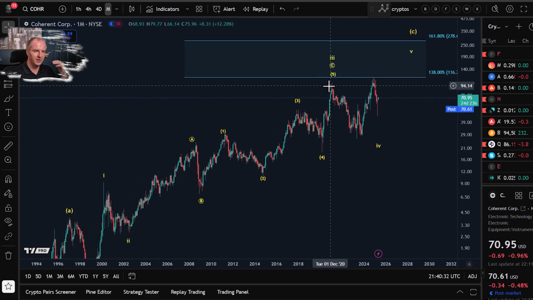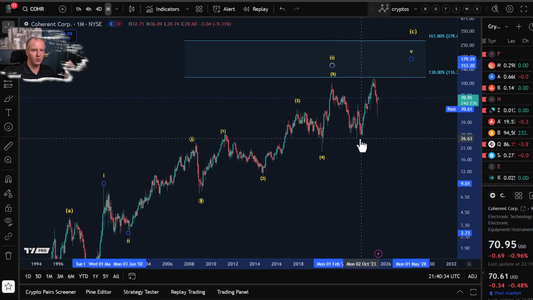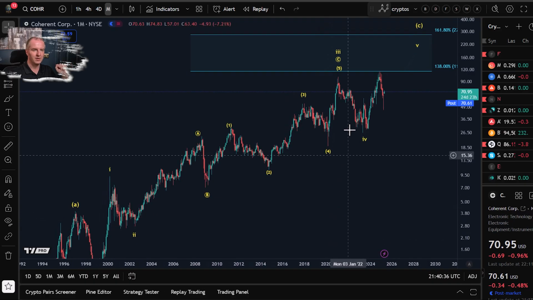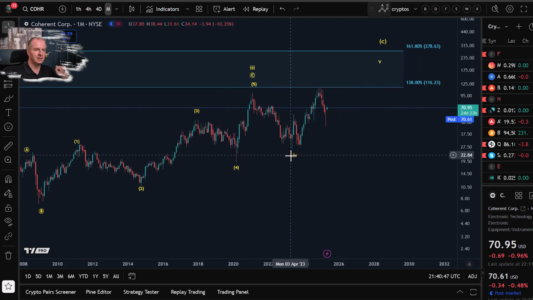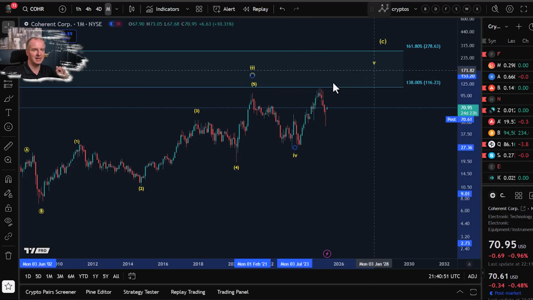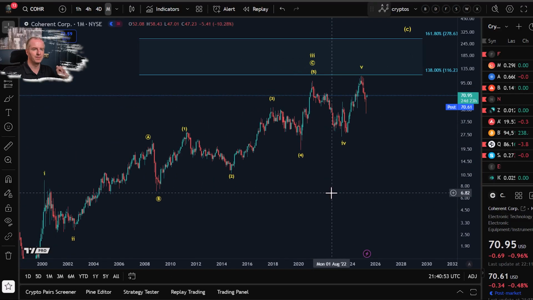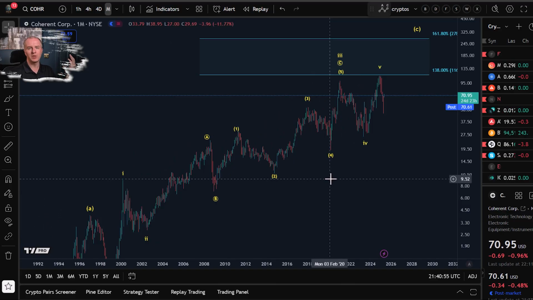So then the next thought would be, okay, is the wave 4 already in? It can be. The fourth wave might be in. So we've even hit the next fib level. Technically speaking, I could even say the fifth wave is topped. That would be one of the scenarios now, right?